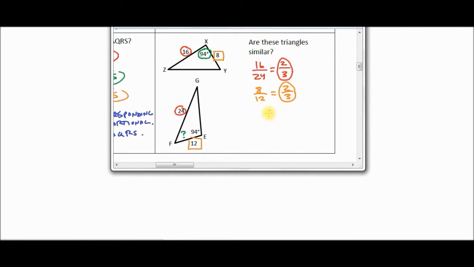So the way you would write this out is, okay, we've got side and side, but angle E, which is 94 degrees, is not the included angle.